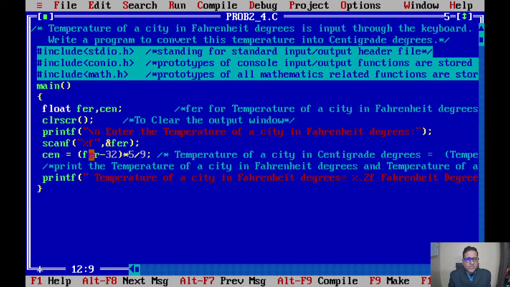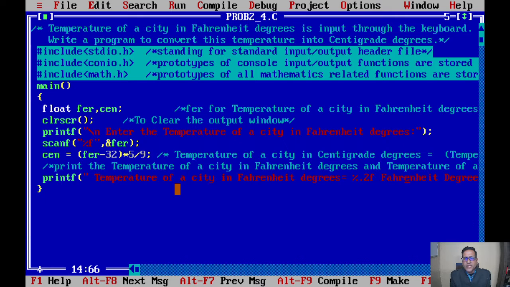So we will type it here. This should be used in the parentheses so that it will calculate firstly the difference of the Fahrenheit temperature and the 32. After that it will be multiplied with the 5 and after that it will be divided by the 9. So after that in the last statement we try to print the temperature of a city in the Fahrenheit degree.